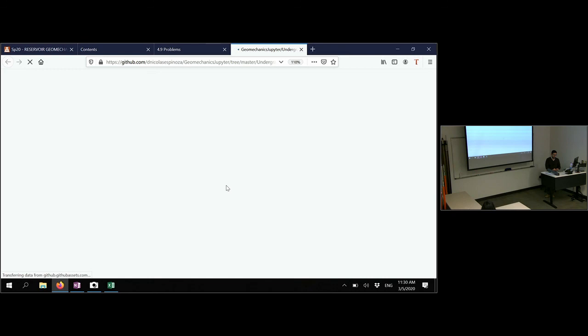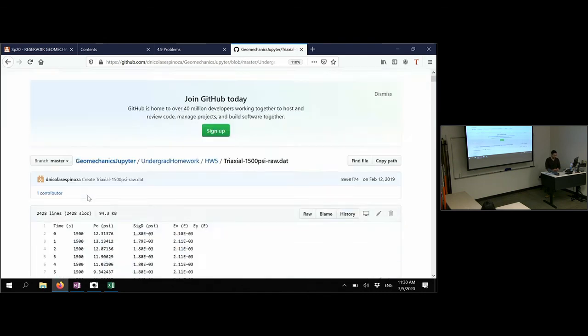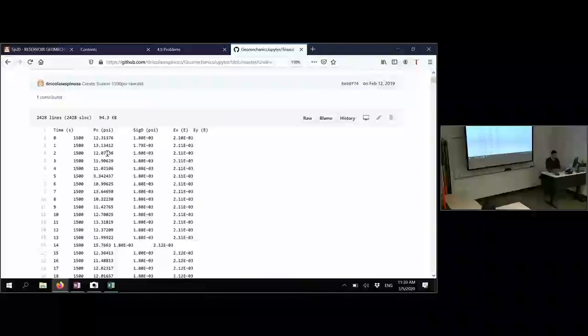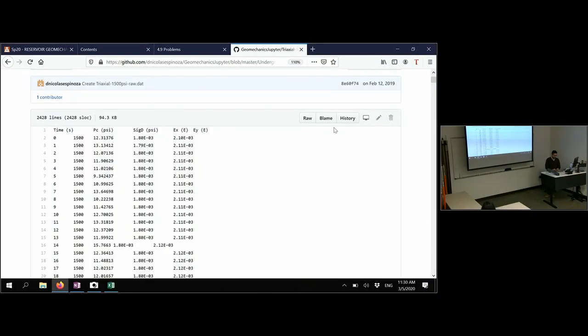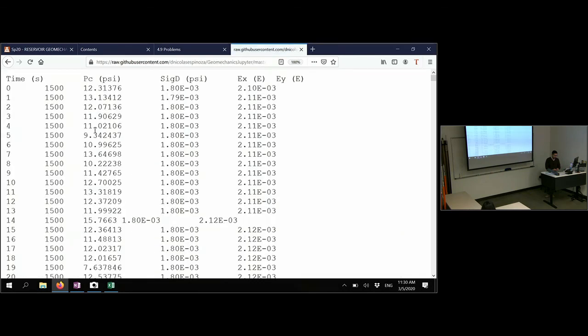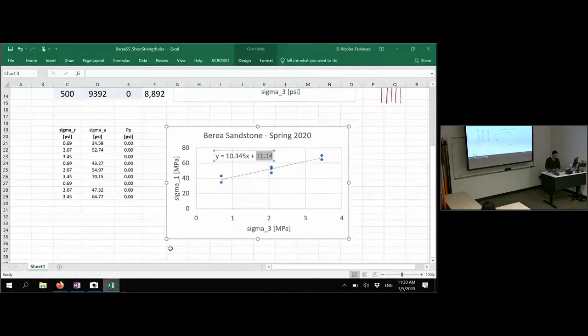With this file, you're going to have a triaxial test in which, let me copy it over here.